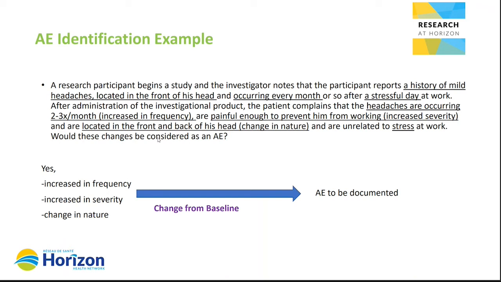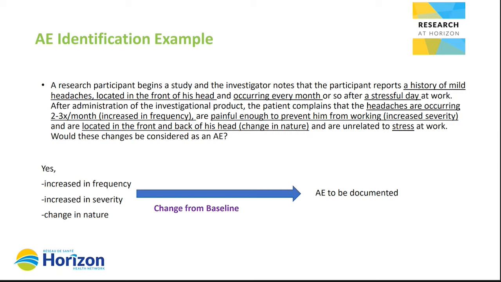So, the AE identification example here. A research participant begins a study and the investigator notes that the participant reports a history of mild headaches located in the front of his head, occurring every month or so after a stressful day at work.